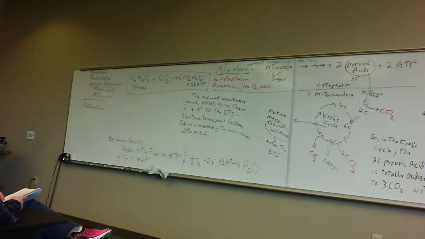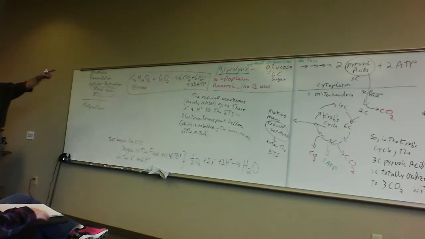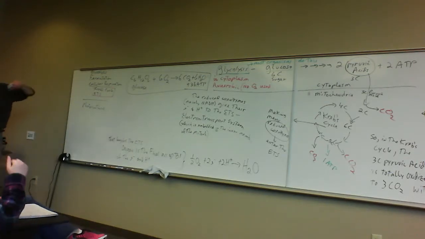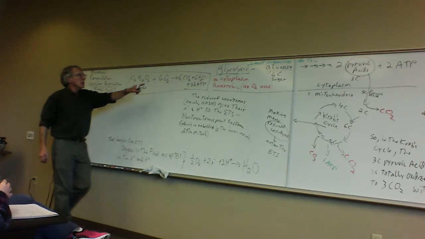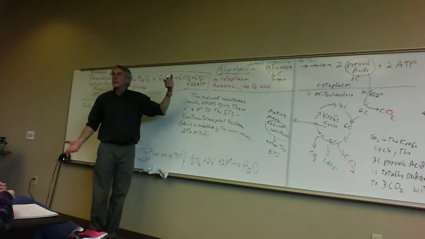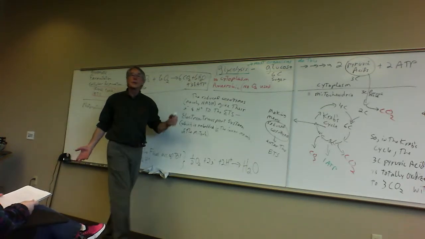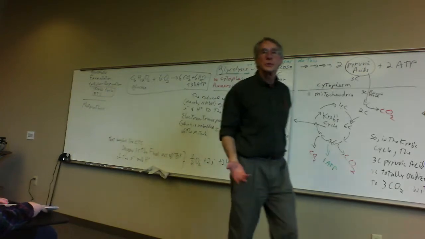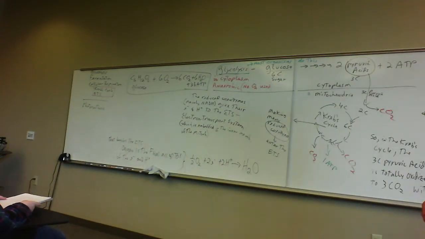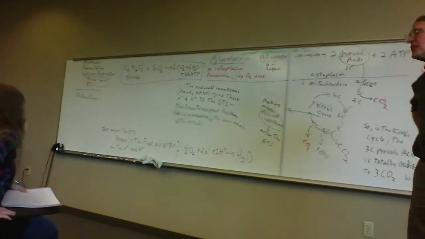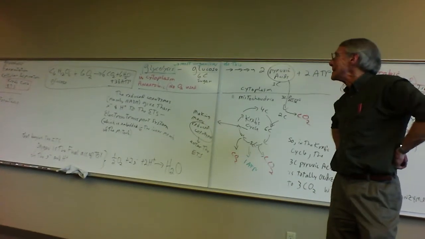So this would be the overall process of the complete oxidation of glucose, starting with glycolysis and then using respiration, the Krebs cycle and ETS, with CO2 as a waste product, H2O as a waste product, and ATP. CO2 and H2O are inorganic, right? No organic molecules left over as there are in fermentation. Totally inorganic, but very efficient.